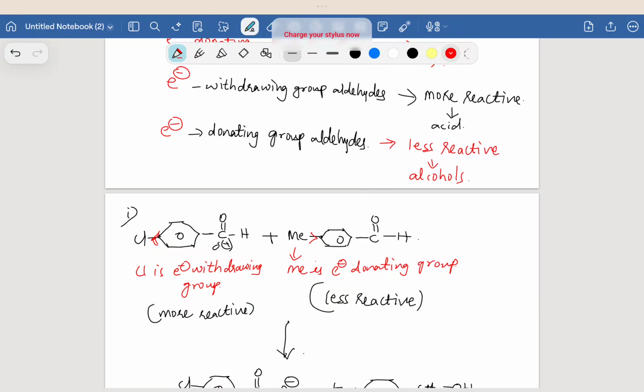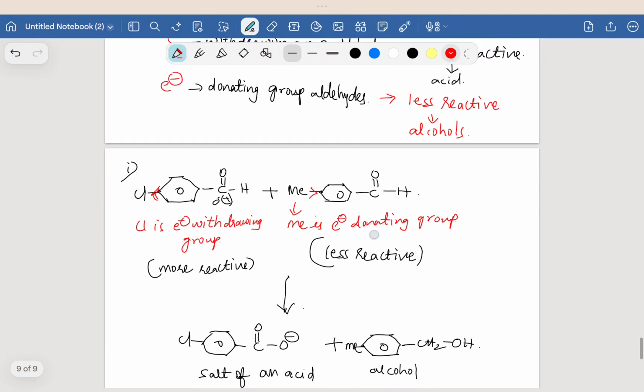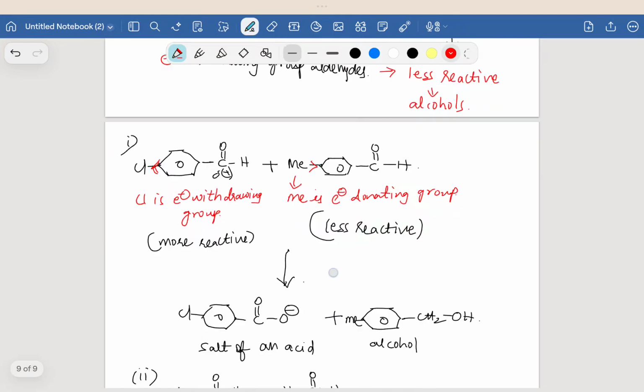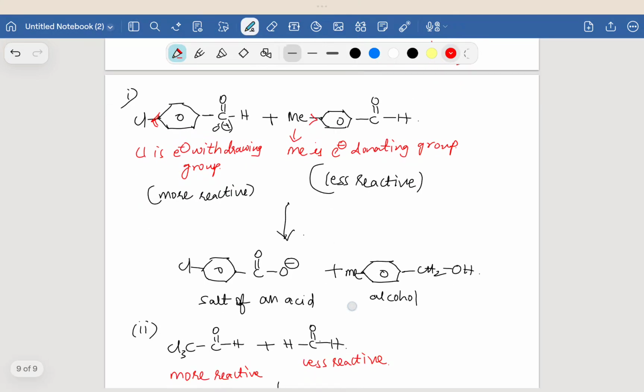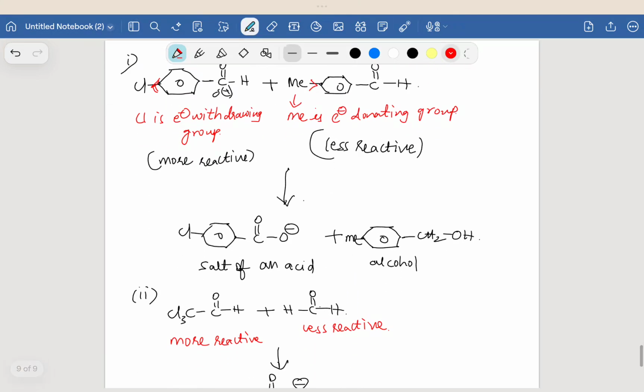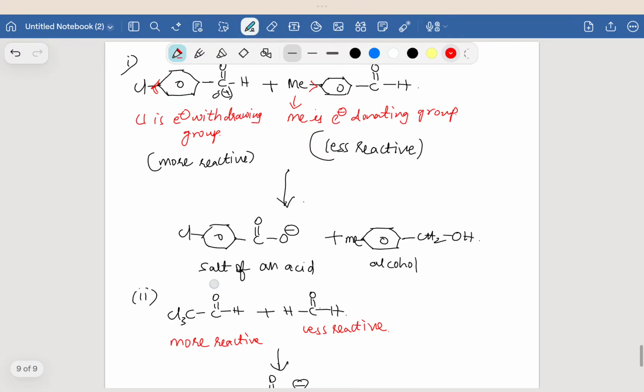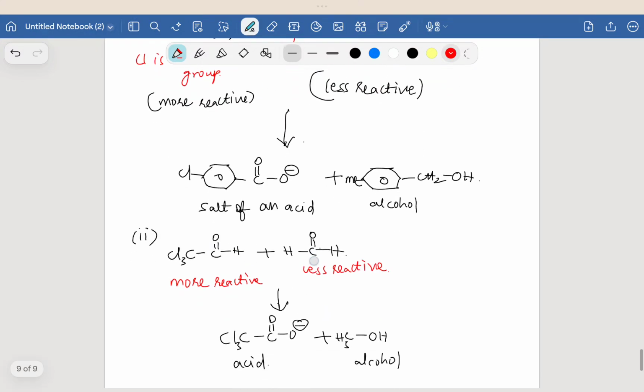Why? Because if it is pulling the electrons, it will increase the electrophilicity of this carbon. Next, when methyl is there, it will decrease the electrophilicity, that's why it is less reactive and the other is more reactive. Less reactive, you know already, will form alcohol and more reactive will form acid.